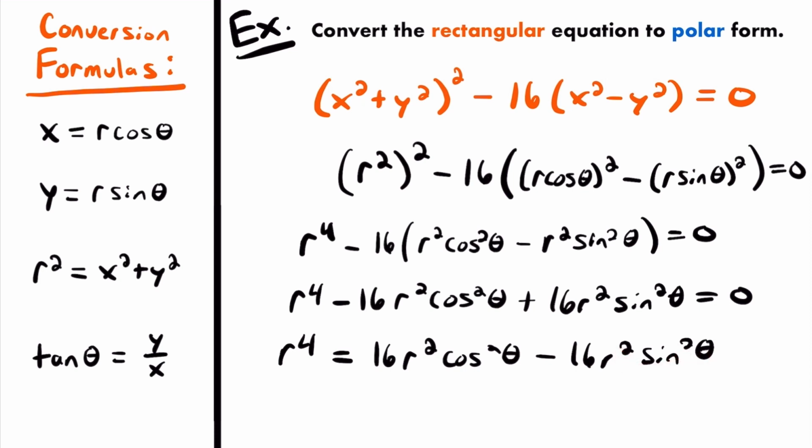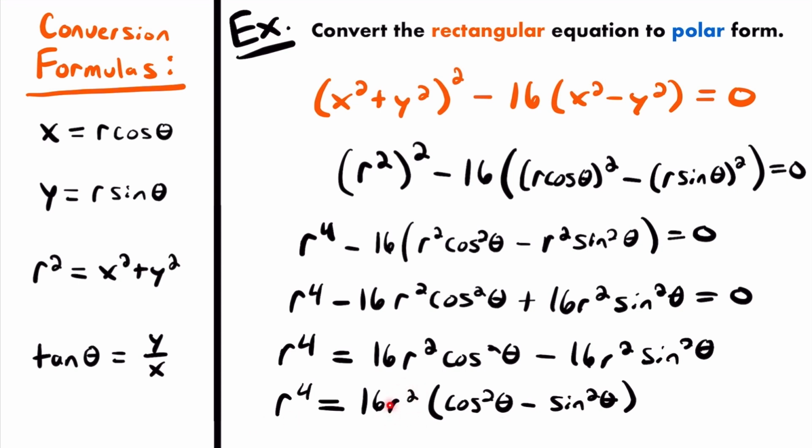All right, and now the next thing that we can do is pull out a common factor of 16 times r squared, right? We have 16r squared here and 16r squared here. So if we pull that out, we'll have r to the fourth power is equal to 16r squared times cosine squared theta minus sine squared theta. All right, and now what we can do to simplify further is divide both sides by r squared.